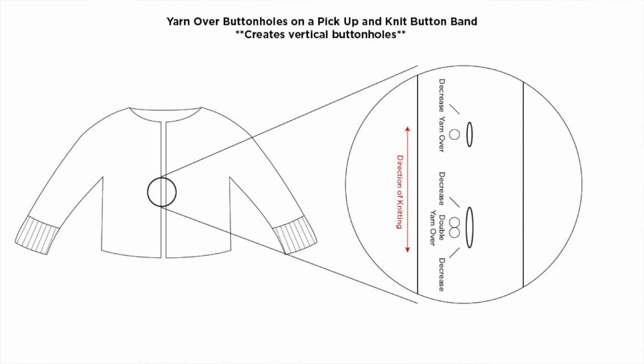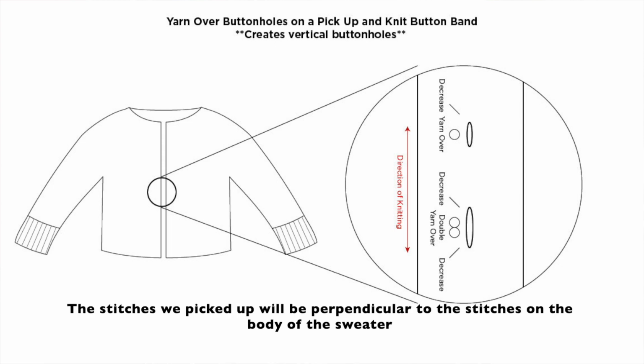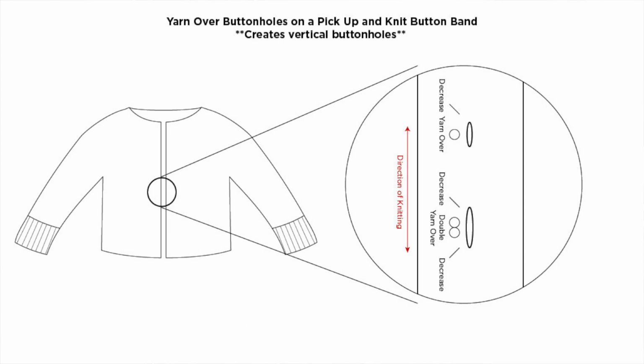So if we start with the yarn over buttonholes method, and I'm going to cover both the single yarn over and the double yarn over method because they're created so similarly in this example. Because we're now working perpendicular to the stitches that we picked up, our buttonholes that we create will be vertical.